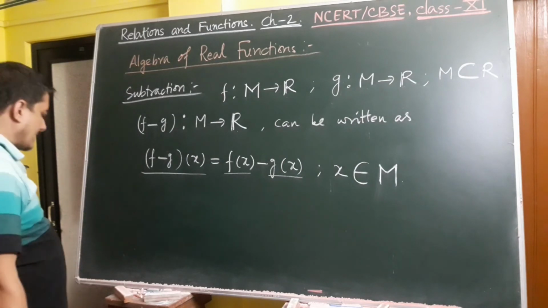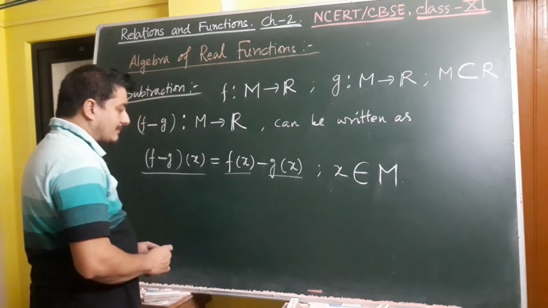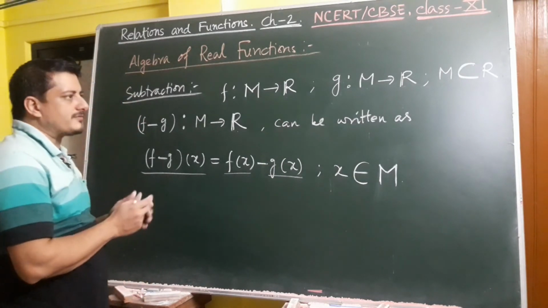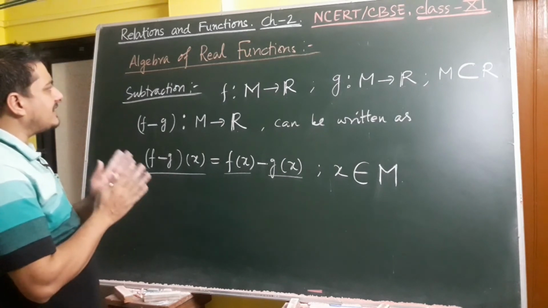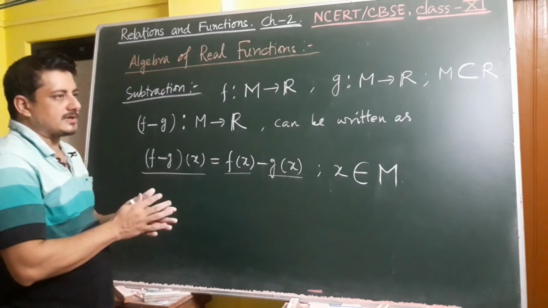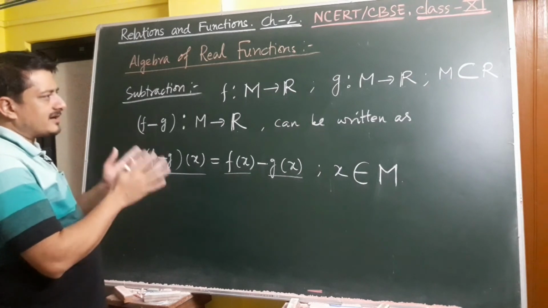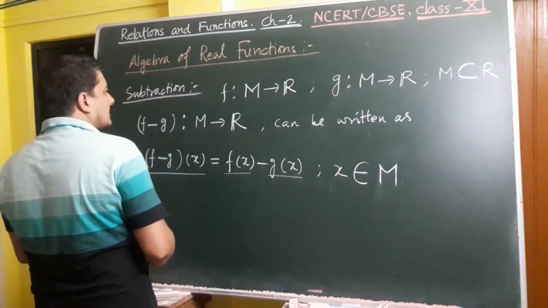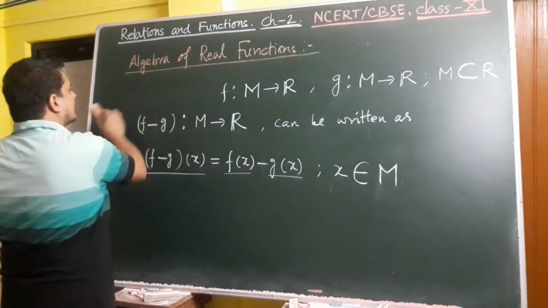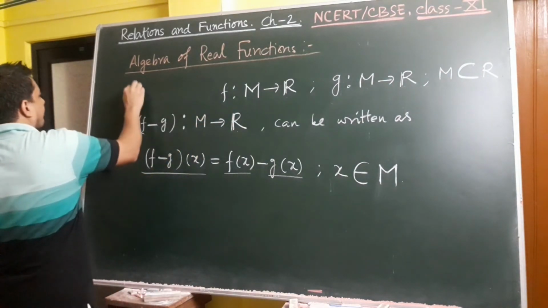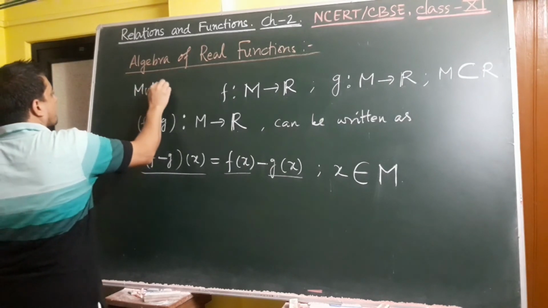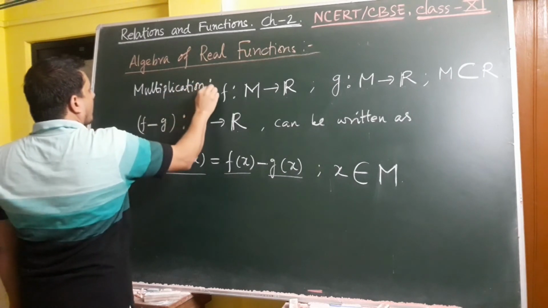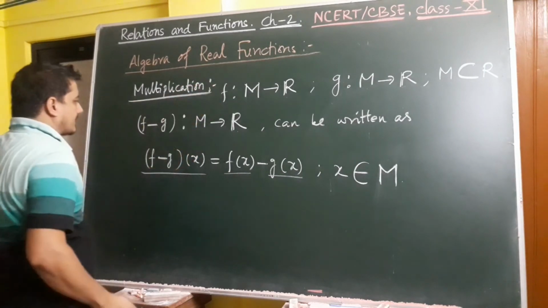Fine. So now we shall look at multiplication. We shall look at multiplication in two different ways. One is multiplying a real function with a scalar quantity, and the other is multiplying one real function with another real function. So first, multiplication.